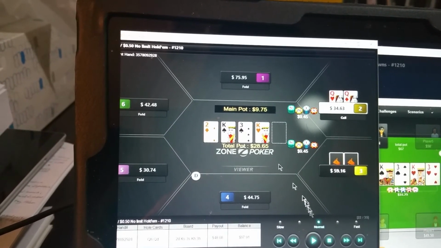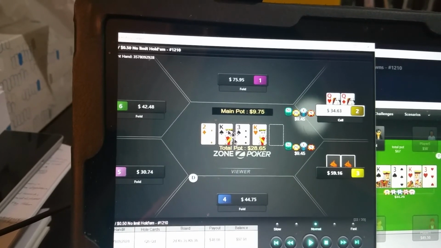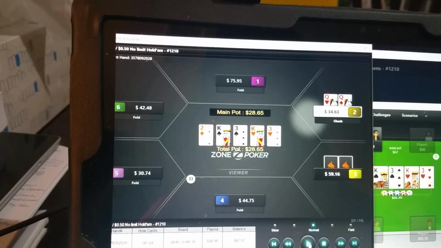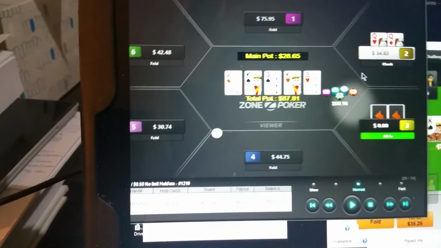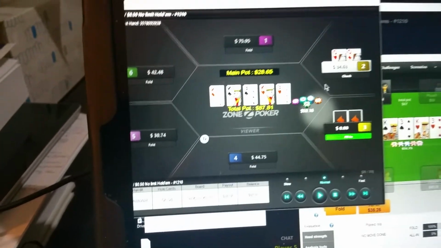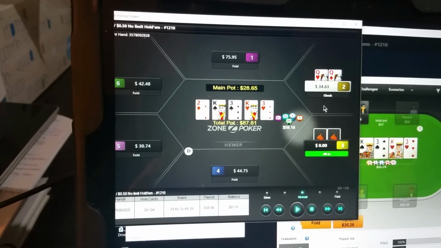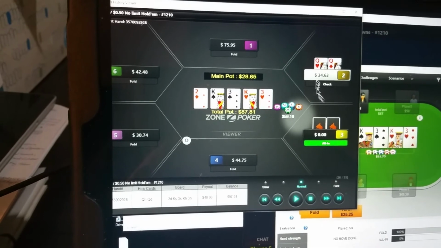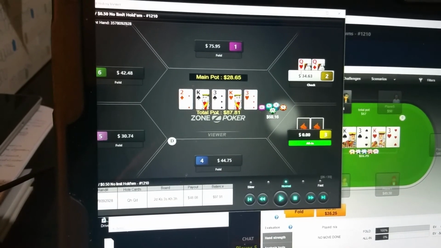It's very unlikely for him to have a king, and there are flushes here. But once the river breaks, then I am supposed to fold because I've faced three streets of aggression. So queens don't hold up very often, and I will be losing money in the long run.